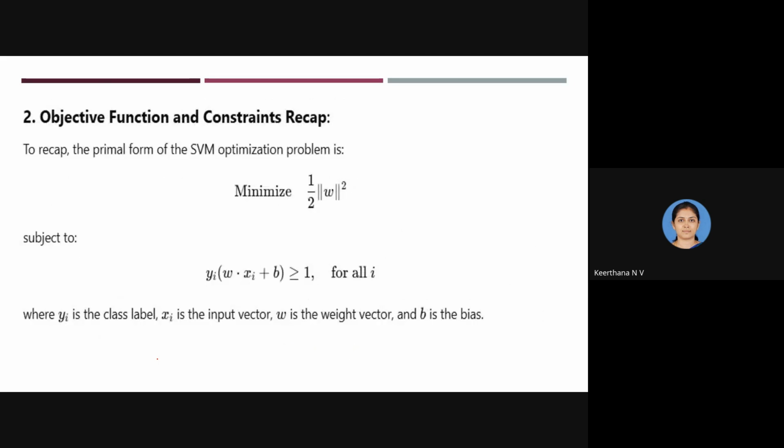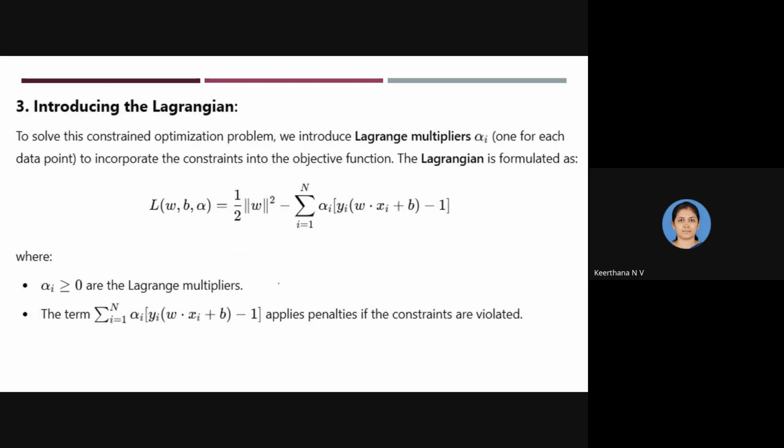The second thing: an objective function and constraints recap. This is the main objective function we have taken for the Lagrange dual formulation. The input vector will be W, and B is the bias here. To solve the above constrained optimization problem, this is the Lagrangian, where W is the weight vector, B is the bias, and alpha represents the Lagrange multipliers.